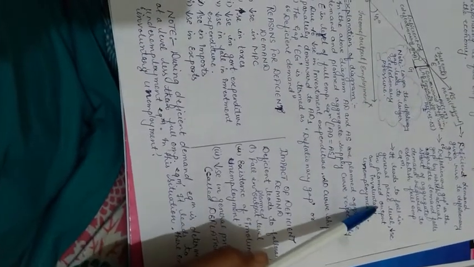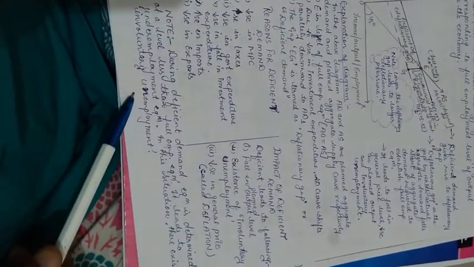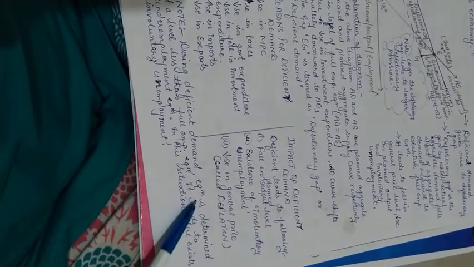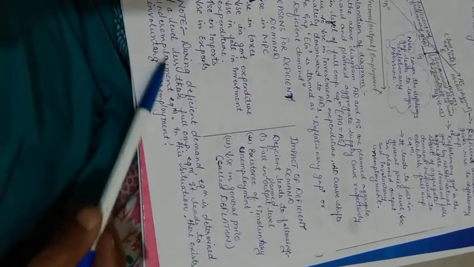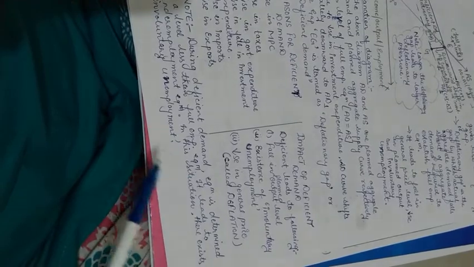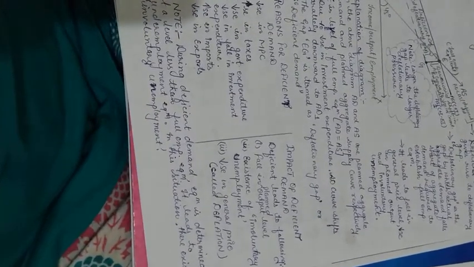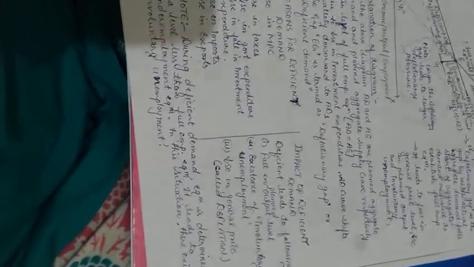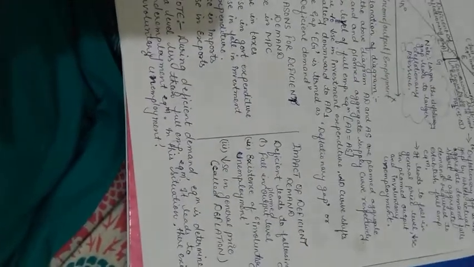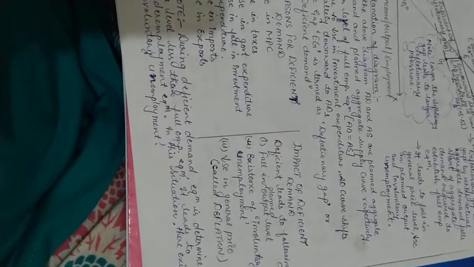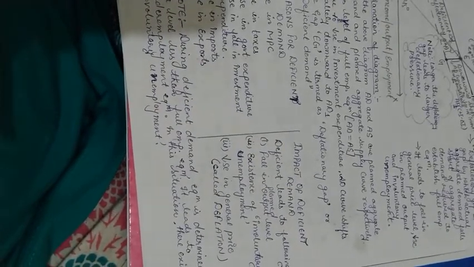These effects are written here also. This is a note point that during deficit demand, equilibrium is determined at a level less than full employment, and it leads to the situation of involuntary unemployment.